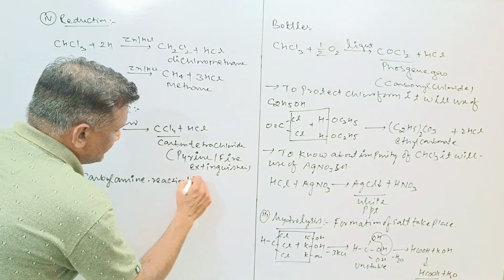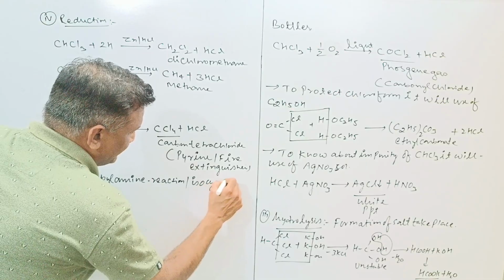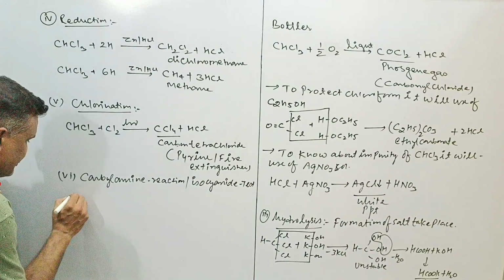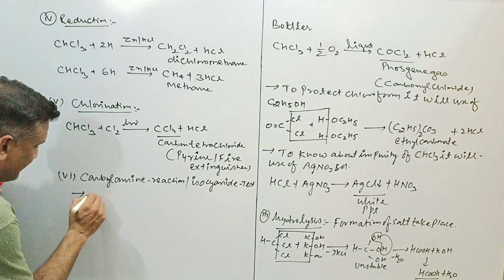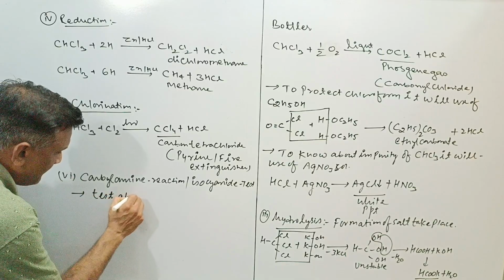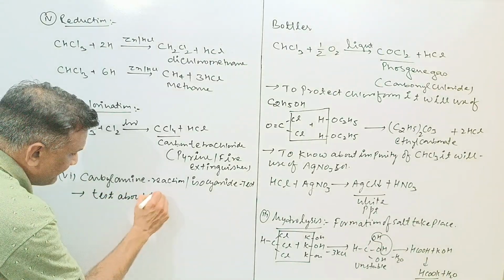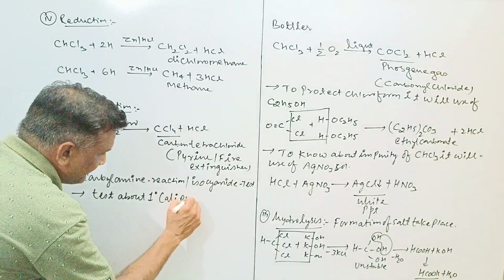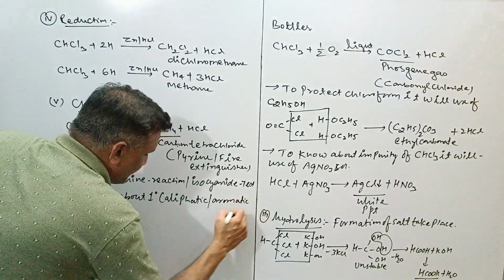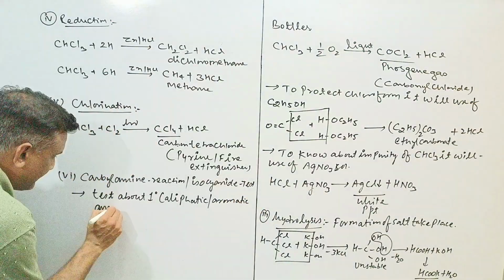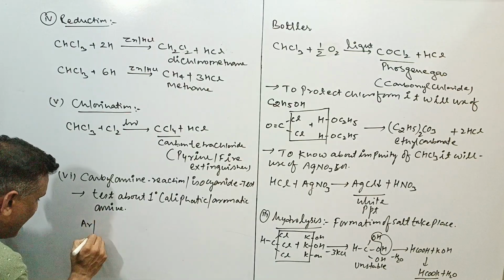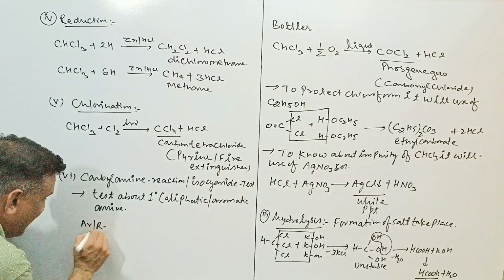It is also called the isocyanide test because this test is used to detect the presence of, to test for, 1 degree either aliphatic or aromatic amine. For this we can use an aliphatic amine as RNH2 and an aromatic amine as ArNH2.